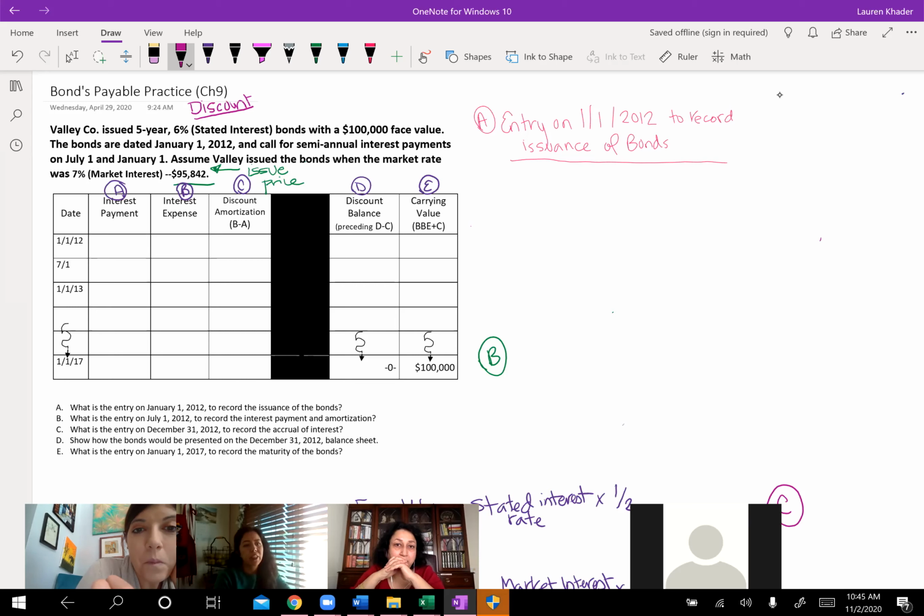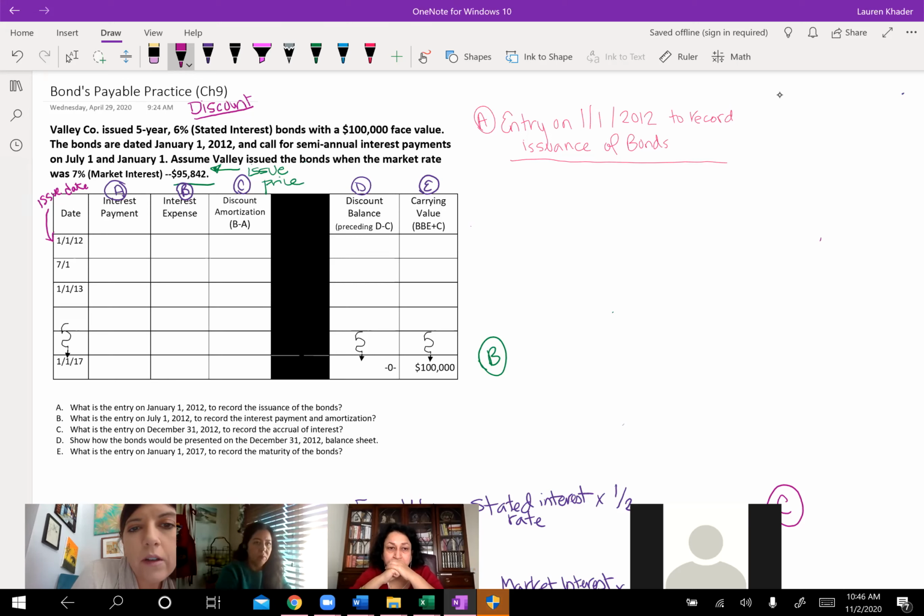It's not necessarily what we receive when we issue the bonds. The bonds are dated January 1st, 2012, so that's the issue date, and call for semi-annual interest payments on July 1st and January 1st.